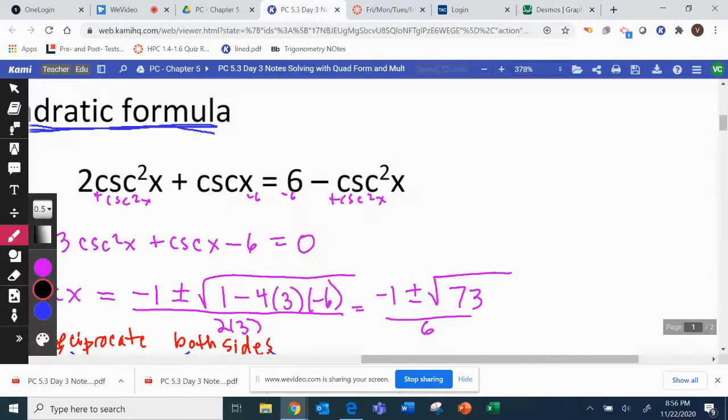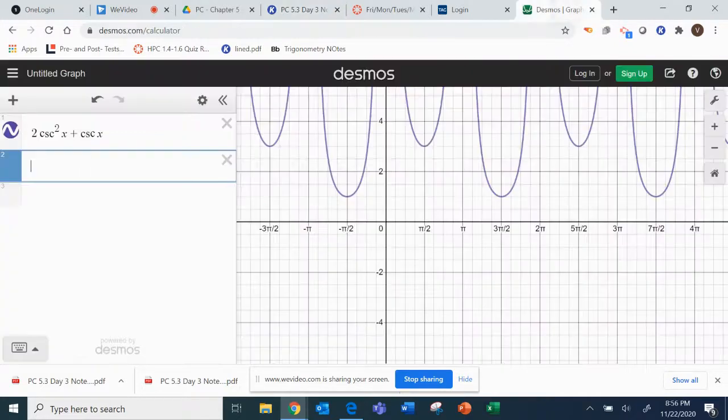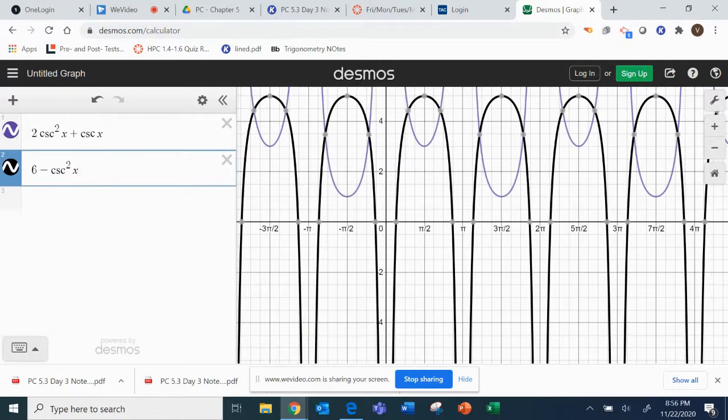And then the other half would be 6 minus cosecant squared. And we are looking at where these two graphs intersect, where they're equal to each other from 0 to 2 pi. And we've got 1, 2, 3, 4 different answers.